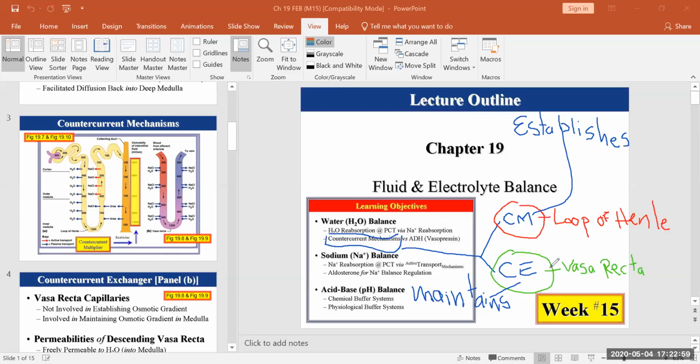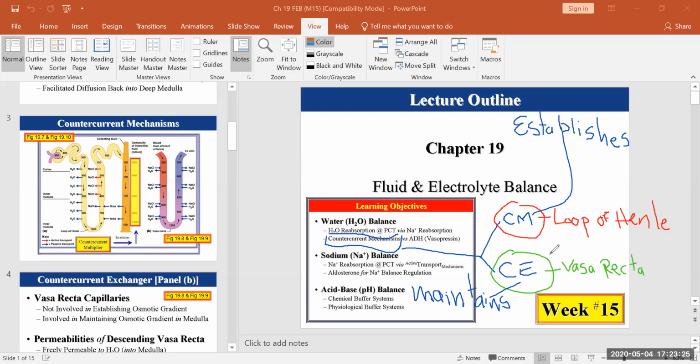So they work as a team to basically allow the kidney to have that gradient in terms of osmolarity from the renal cortex all the way down to the renal medulla. So the entire medullary region of the kidney has a gradient of osmolarity. If you get closer to the renal cortex, we start at 300.